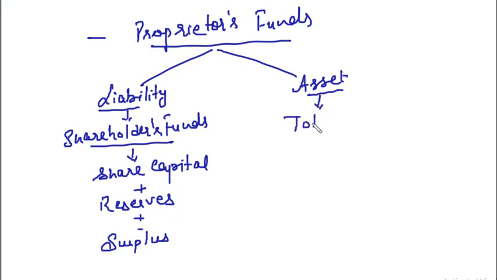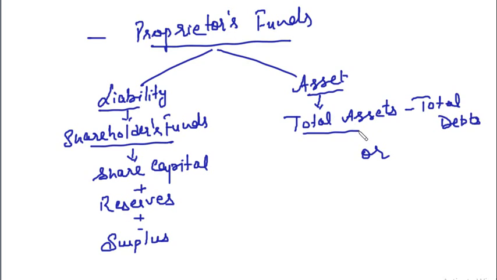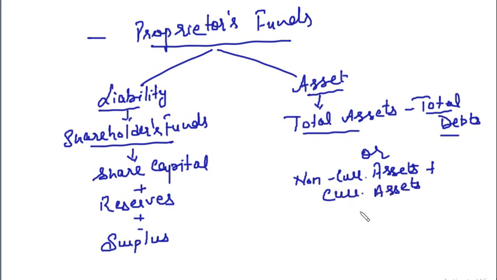The asset approach is total assets minus total debts, or I can further break this formula: non-current assets plus current assets, which is total assets, minus current liabilities, minus long-term debts.